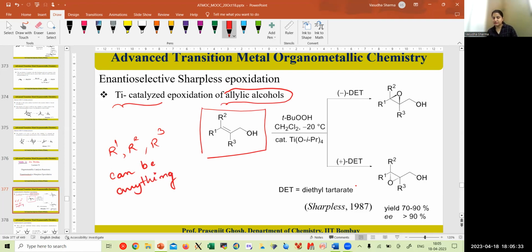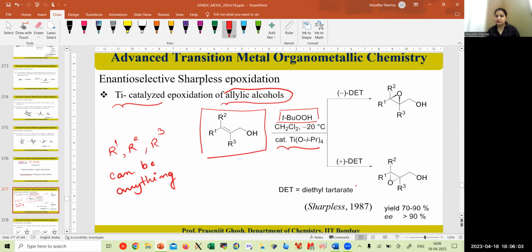Now the conditions for this epoxidation are different, and to introduce the enantiomer selectivity, we need to have some enantiomer selective or chiral center. So here we are treating it with a peroxide, in the presence of DCM, maintaining the temperature at minus 20 degrees Celsius, and the catalyst is titanium isopropoxide.